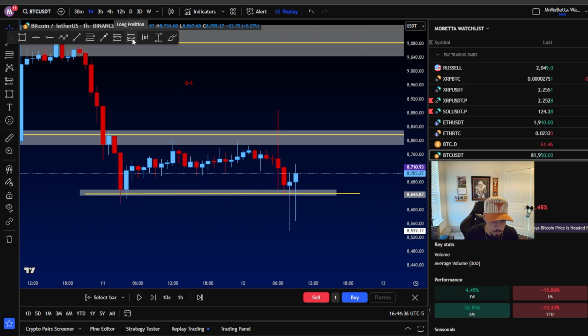So we'll go here, go long, and you might want to wait until the next candle creates a low, right? As long as the next candle doesn't close back below 86.47. If it just wicks a low and then breaks the high, we should be able to continue pushing up.